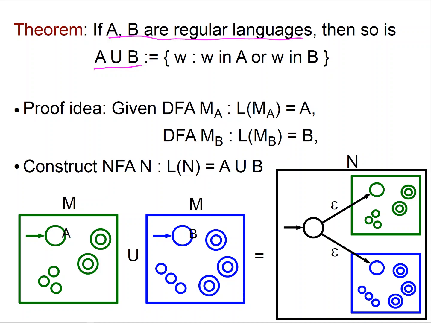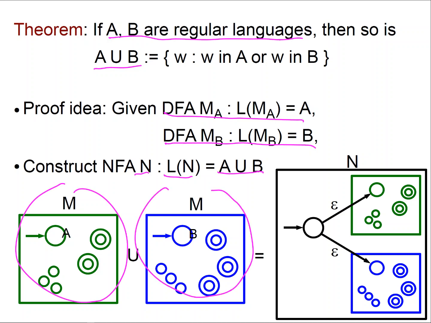So if you give me a DFA MA whose language is A and a DFA MB whose language is B, I'm going to construct an NFA N whose language is A union B as follows. So here is my DFA for A, my DFA for B. My NFA N will have a new start state and will have two epsilon transitions from it, one to the start state of MA and one to the start state of MB.